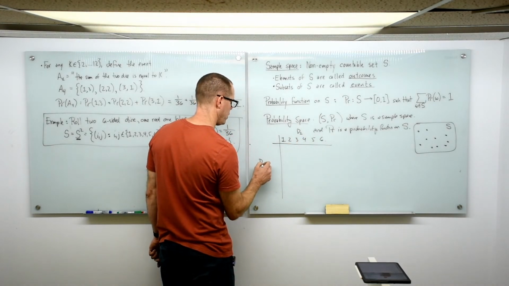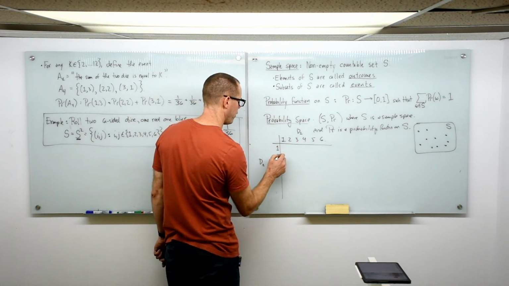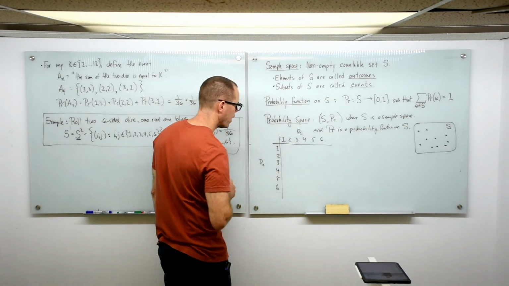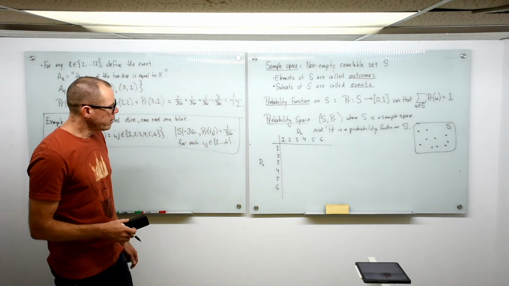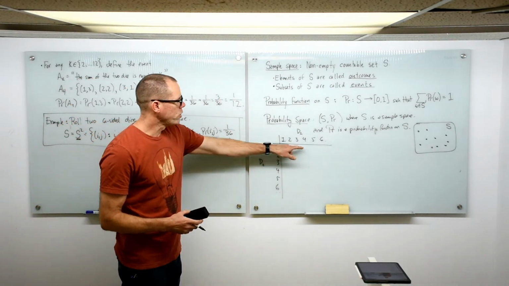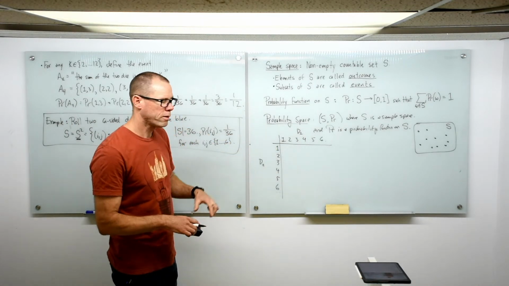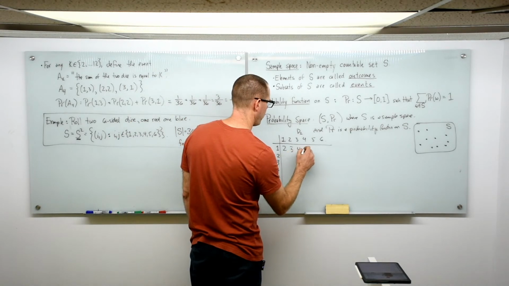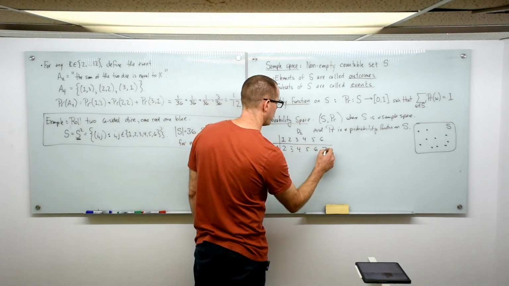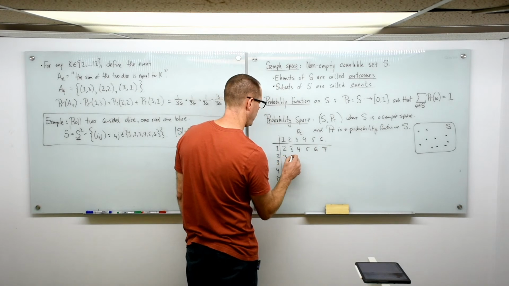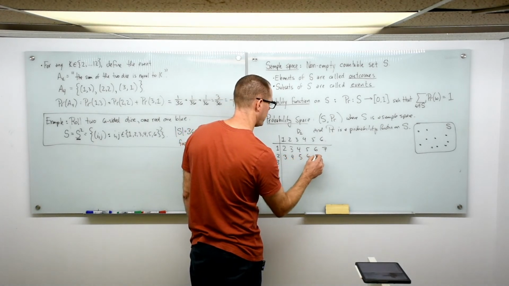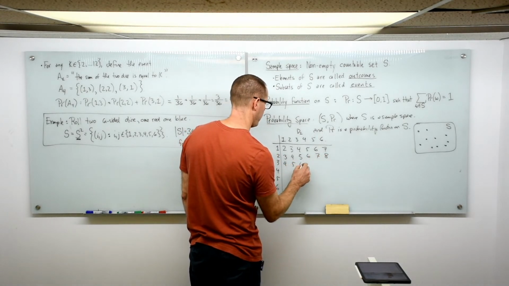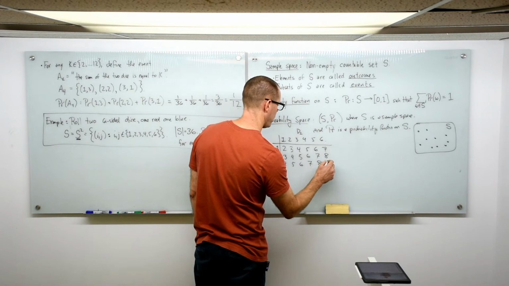We have the second one, D2, which can also take on any of the values 1 through 6. The way you read this table is you write a value which is just the sum of those two dice. So 2, 3, 4, 5, 6, 7, then 3, 4, 5, 6, 7, 8, then 4, 5, 6, 7, 8, 9.